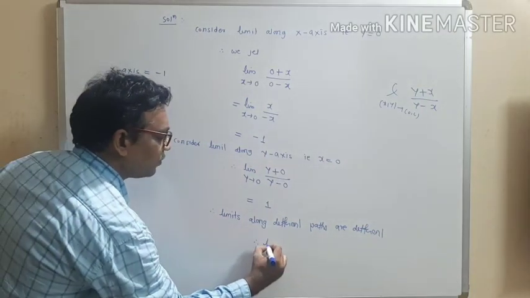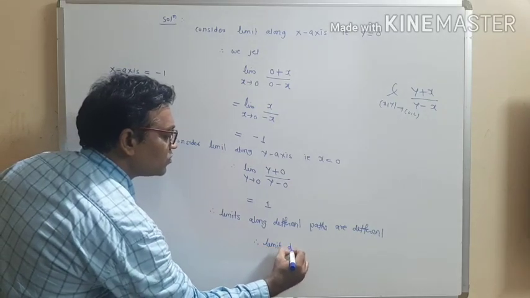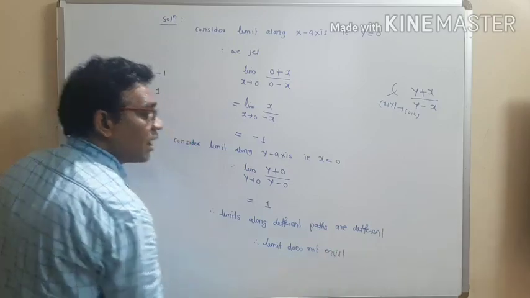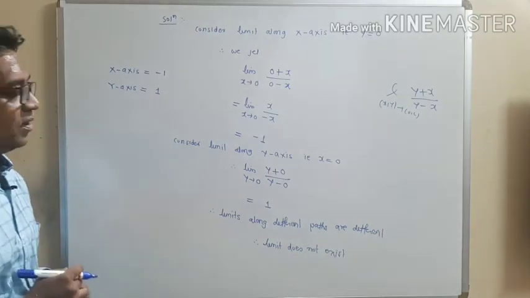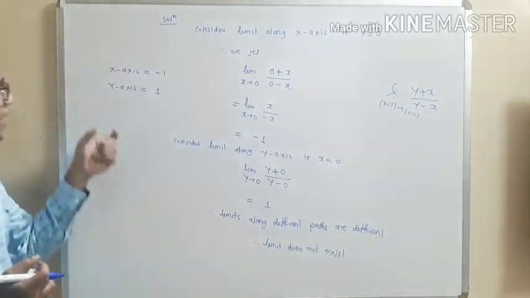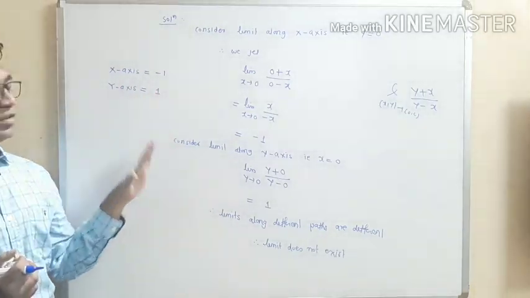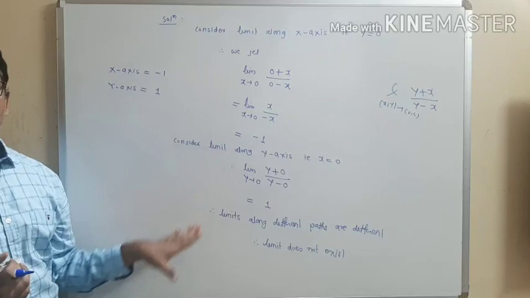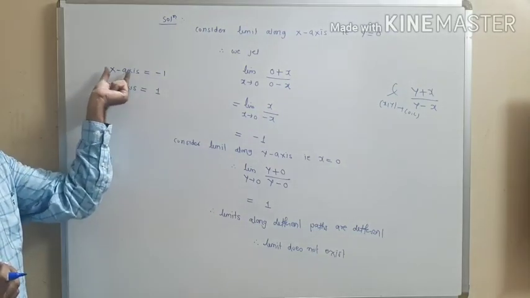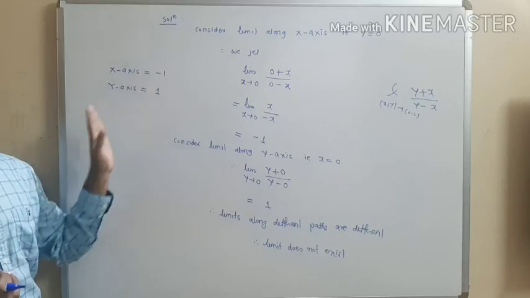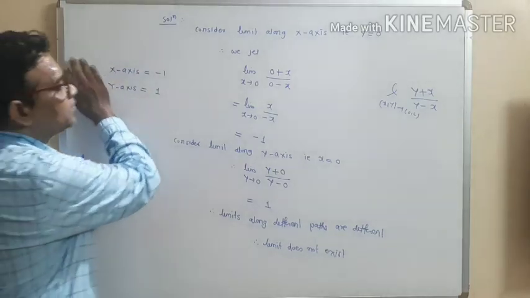So write down, therefore, limit does not exist. So see how to show that the limit does not exist. Limit does not exist means take different equations and get different limits. What is the process? For showing the limit does not exist, use different equations, use different paths and get different limits.